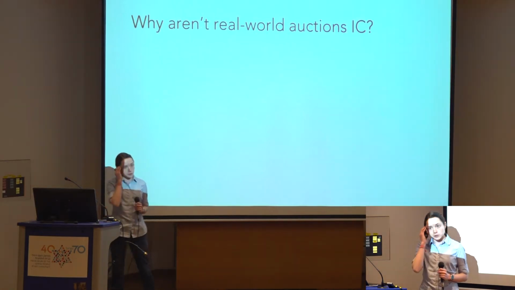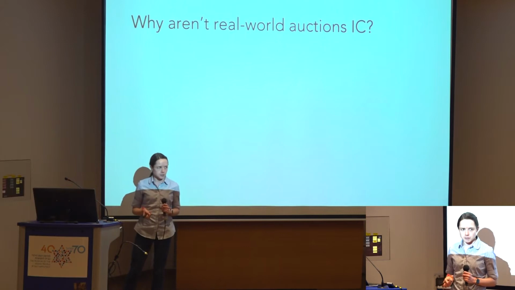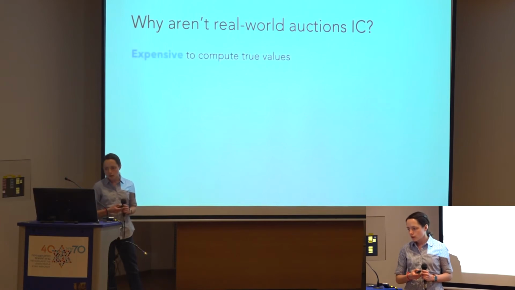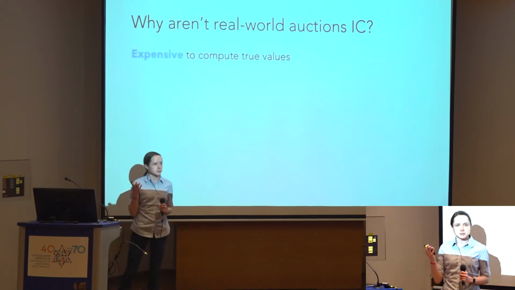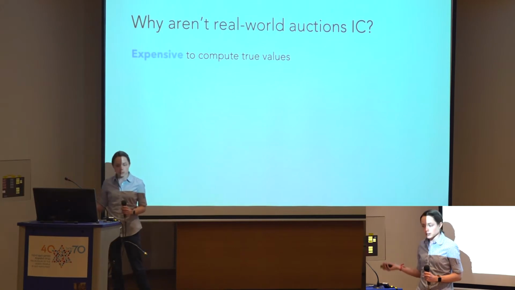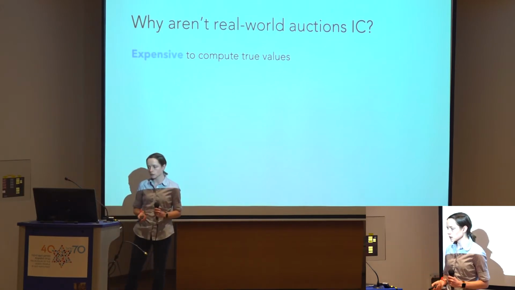So why aren't real-world mechanisms incentive compatible? There's a lot of reasons for this, but here's just a few. For one, it can be expensive for agents to compute their true values, especially in combinatorial domains when there might be an exponential number of bundles.